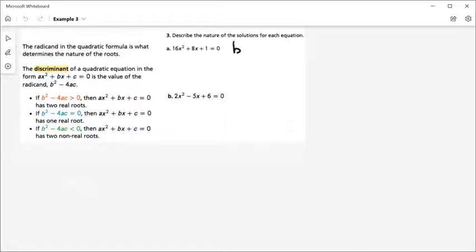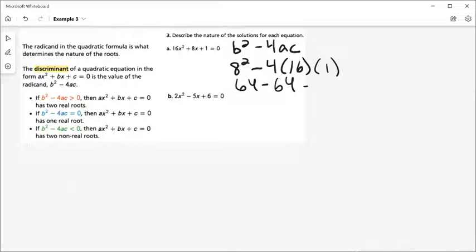So here we're going to evaluate b squared minus 4ac. That means 8 squared minus 4 times 16 times 1, which is 64 minus 64. Oh, well, that is 0, which means that it will have one real solution.